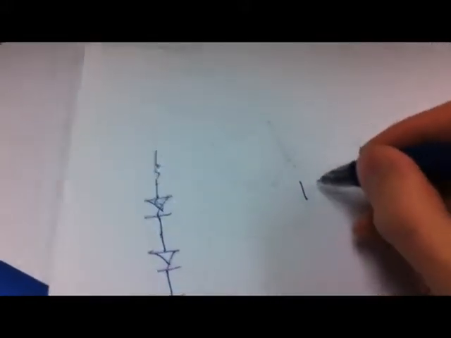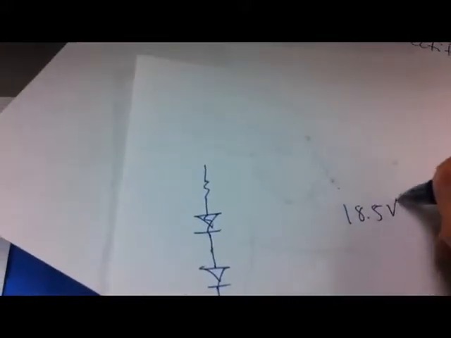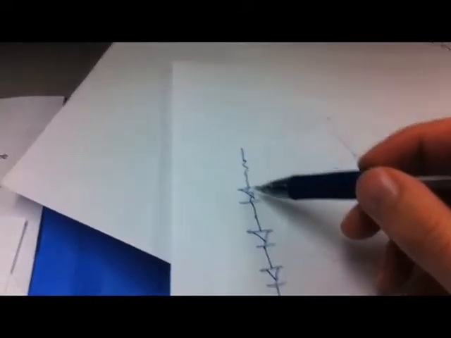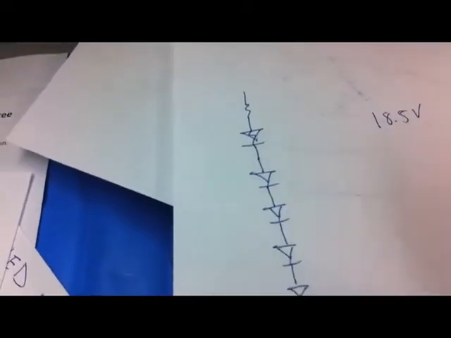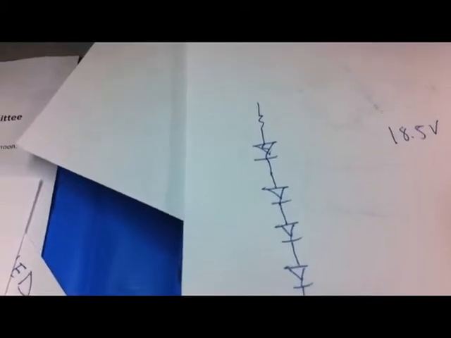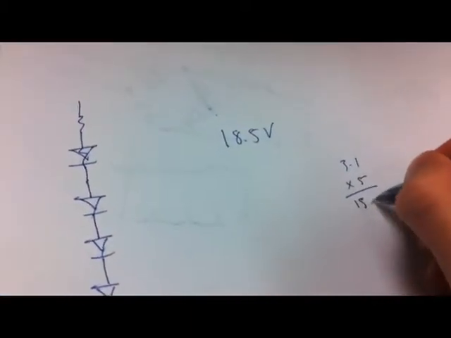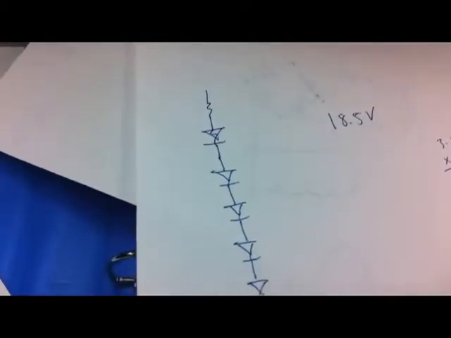Each LED needs 3.1 volts, and we have a supply of 18.5 volts. So we have 1, 2, 3, 4, 5 LEDs. That's 3.1 times 5, which is 15.5 volts. So we have enough.